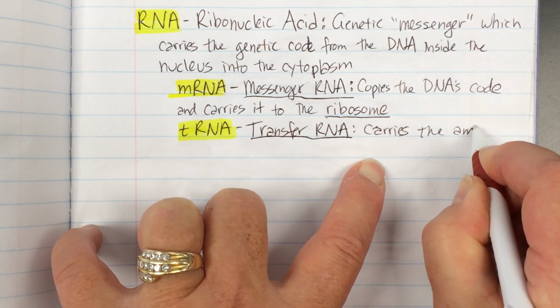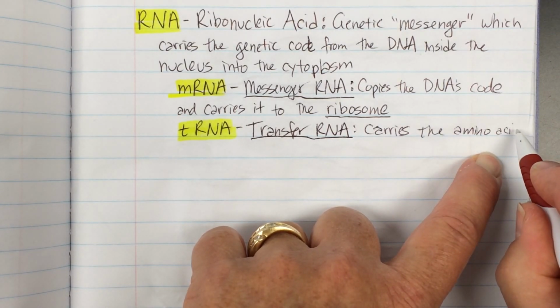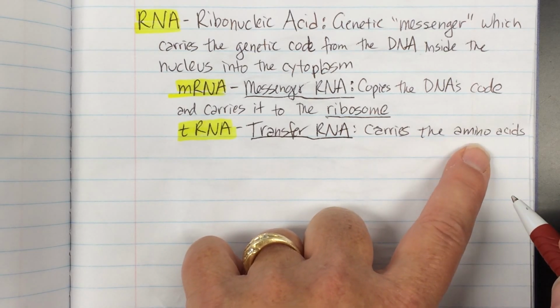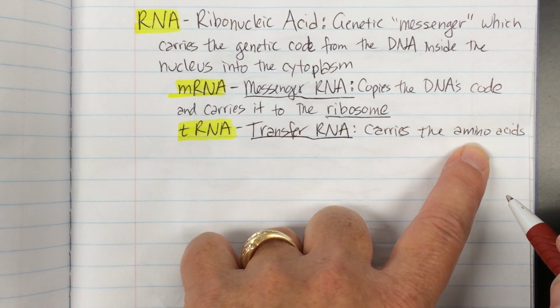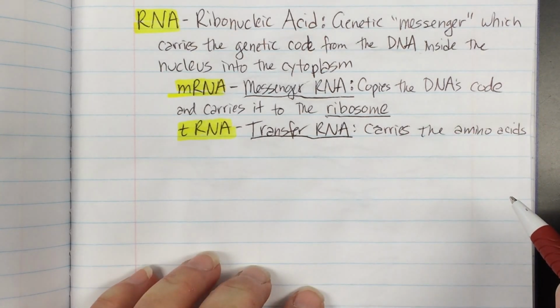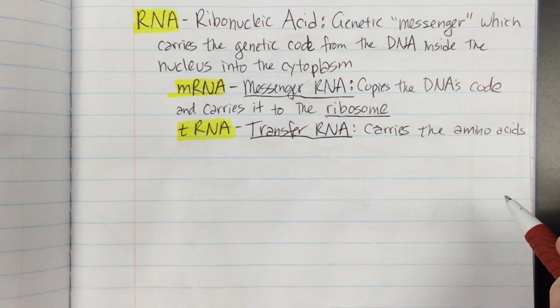If you remember, amino acids are one of our 4 biomolecules. They make up proteins, right? A bunch of amino acids together as a polymer make a protein. So if we're going to build proteins, we need the building blocks. That's amino acids. So the transfer RNA runs and fetches the amino acids necessary to build the protein.